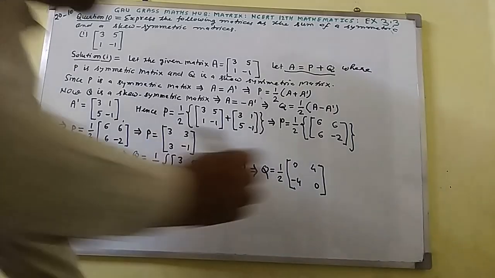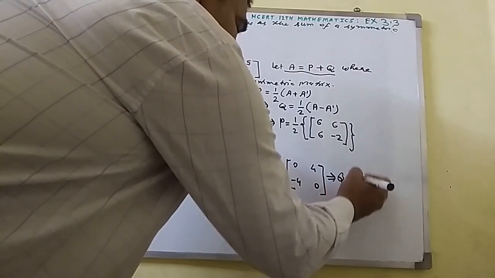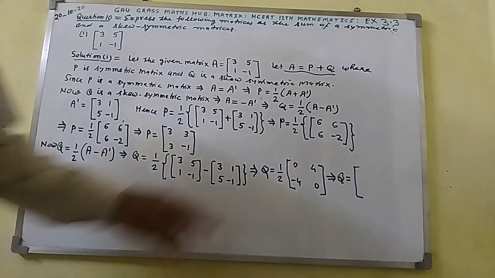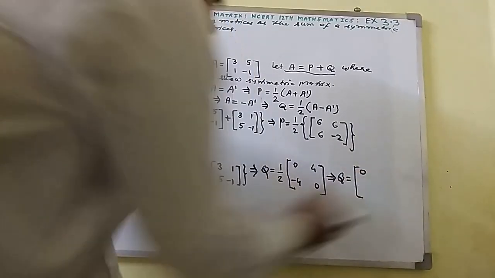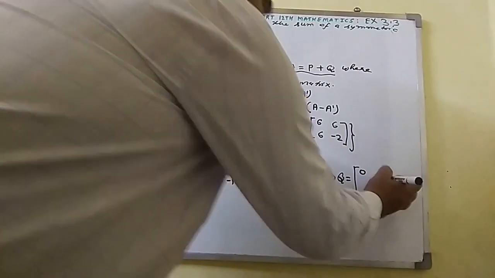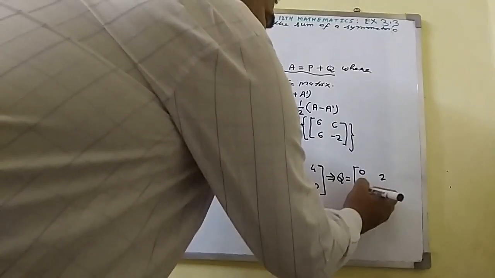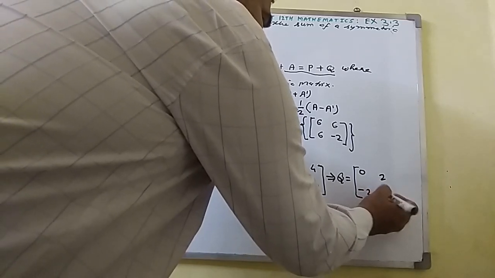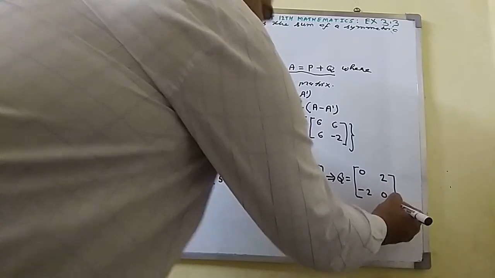So it implies that Q equals, opening square bracket, 0 divided by 2 gives 0, 4 divided by 2 gives 2, minus 4 divided by 2 gives minus 2, and 0 divided by 2 gives 0. Closing square bracket.